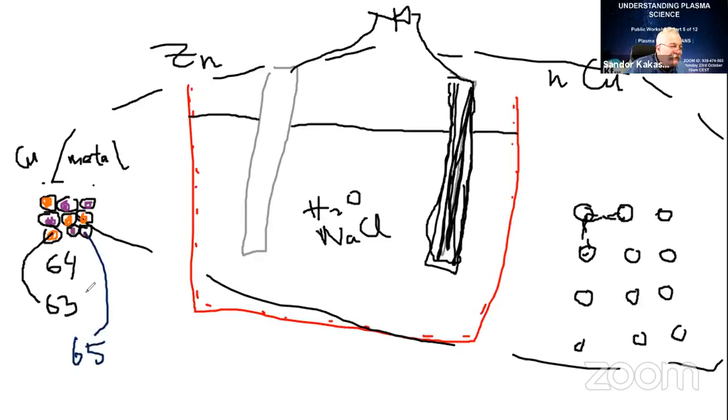Usually we have about 69% or 71% of isotope 63, and the remaining 29% is isotope 65. What you see in the periodic table of elements as 64 is just an average number. So in your copper plate, there is no isotope 64. It's a mixture of isotope 63 and 65.